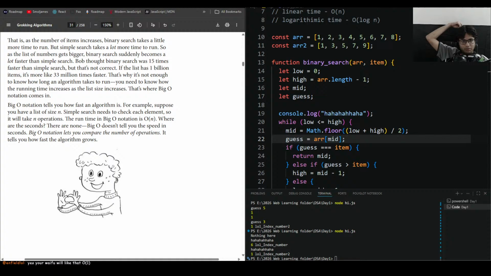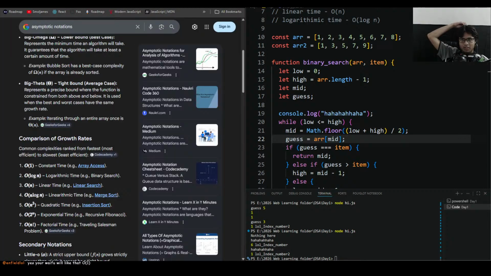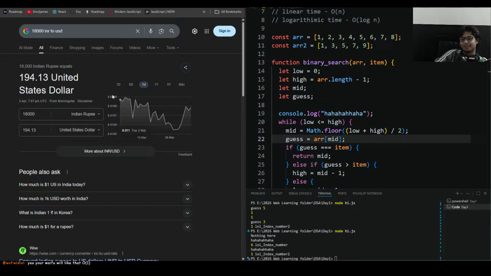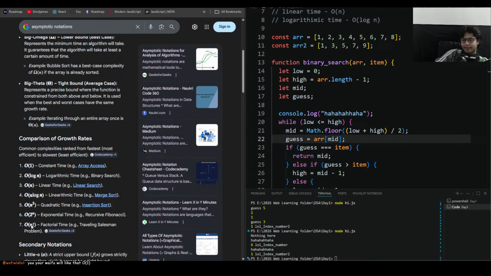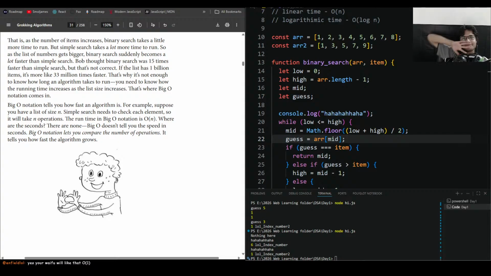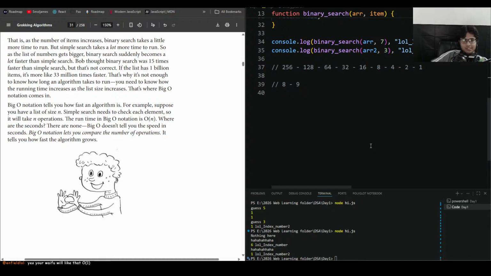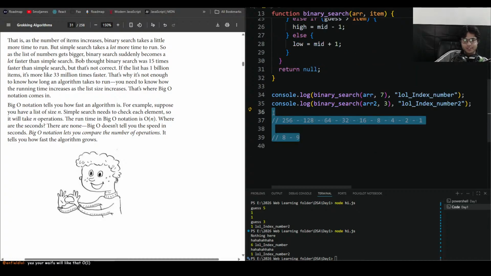Yes, your waifu will like that. O(1): I'm gonna do it with O(1) speed. No, I'm gonna do it with O(n!), so it's gonna take me more time to finish.